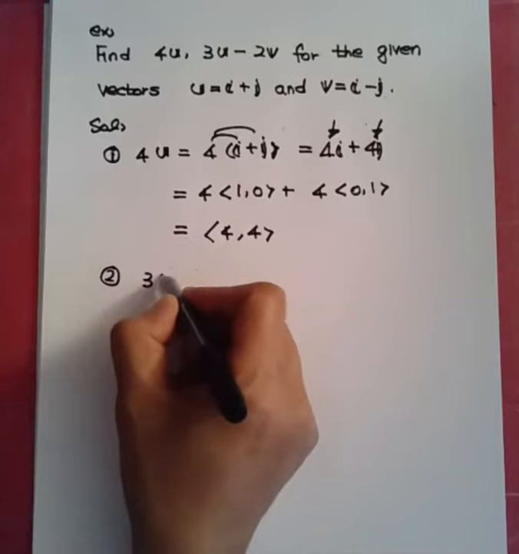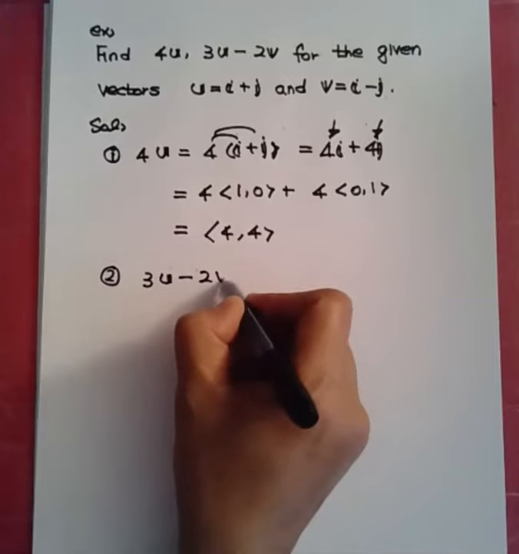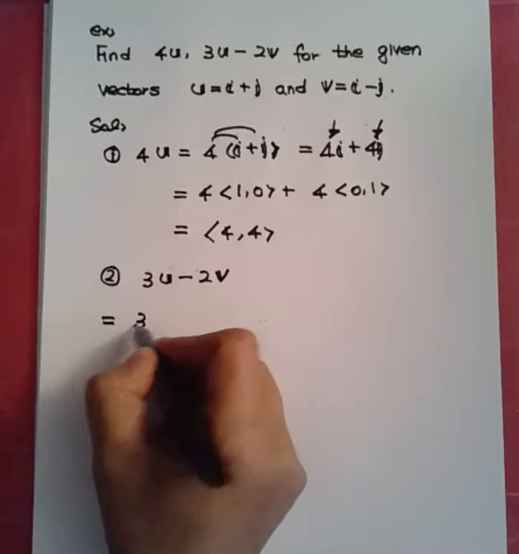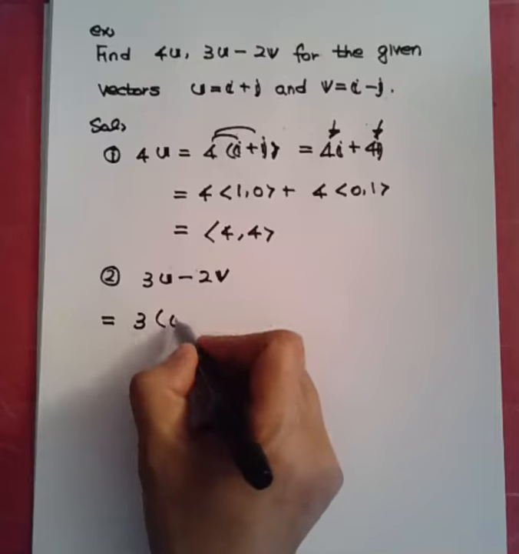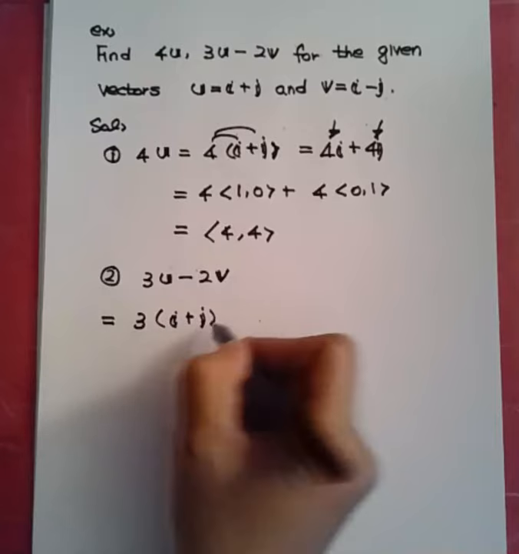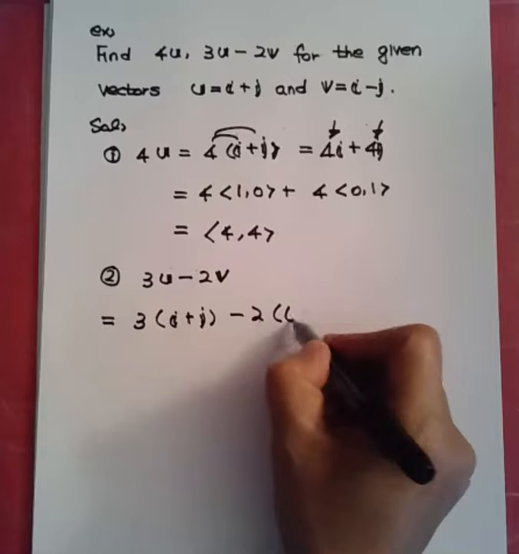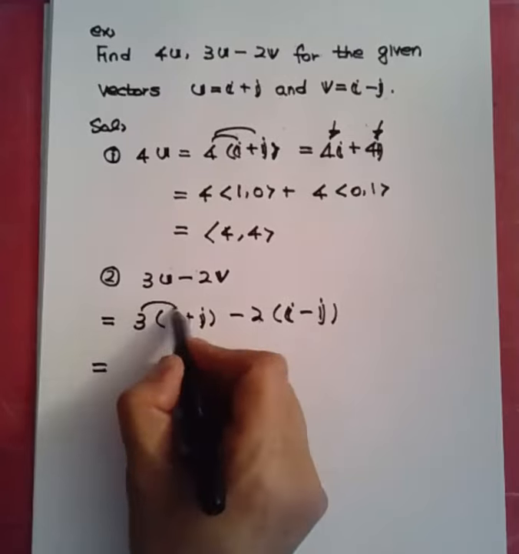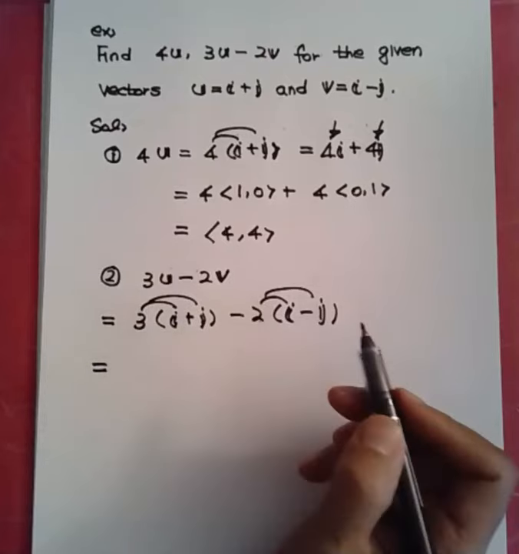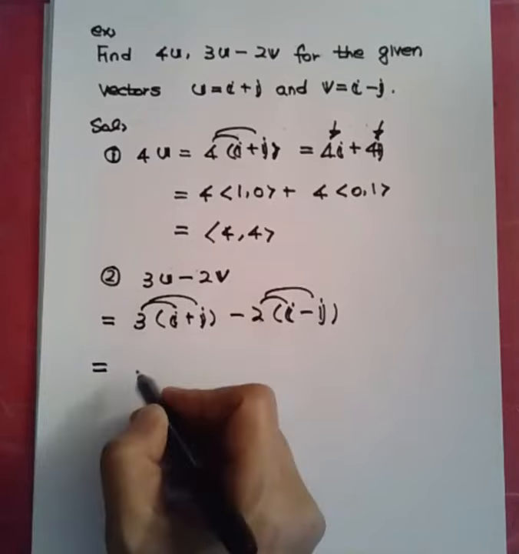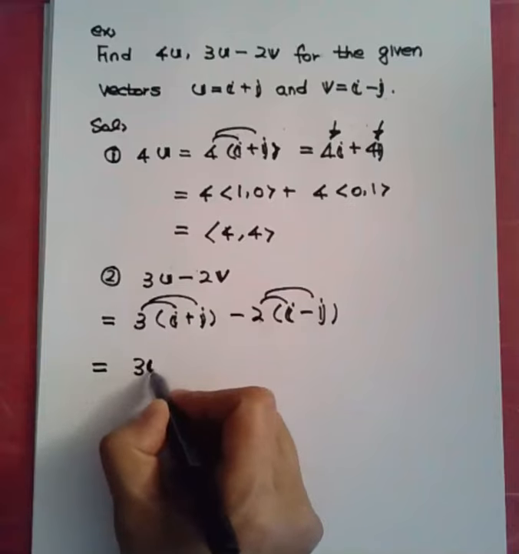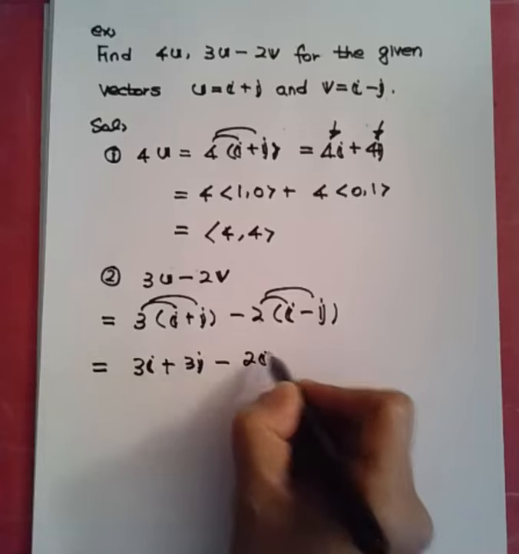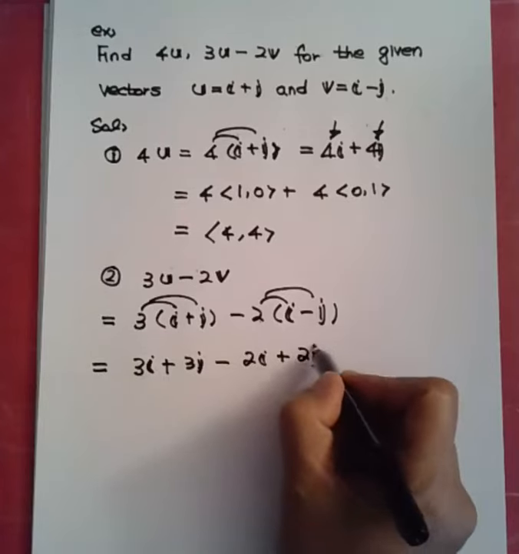The next one is 3u minus 2v. That is 3 times u, which is i plus j, minus 2 times v, which is i minus j. We just do the common calculation, then that is 3i plus 3j minus 2i plus 2j.